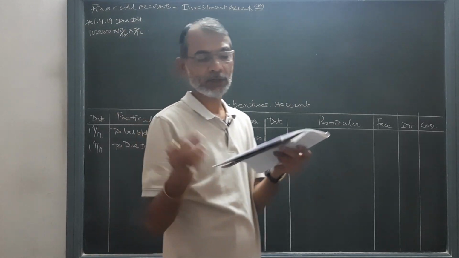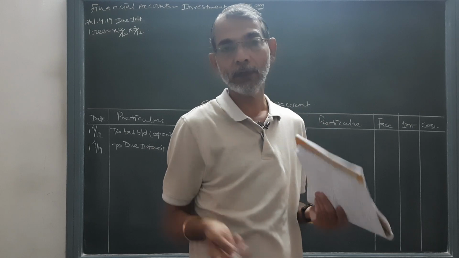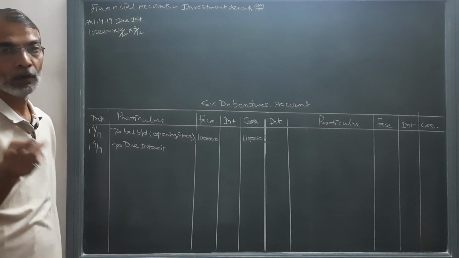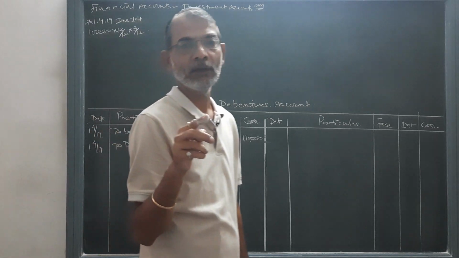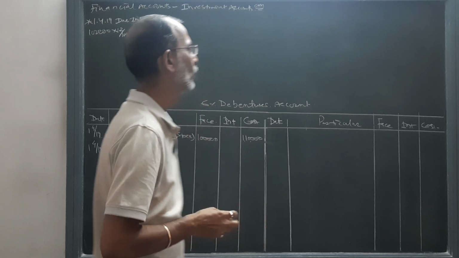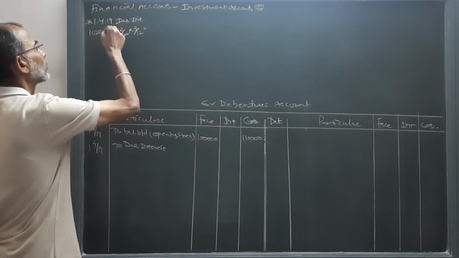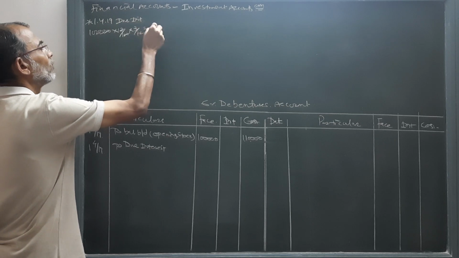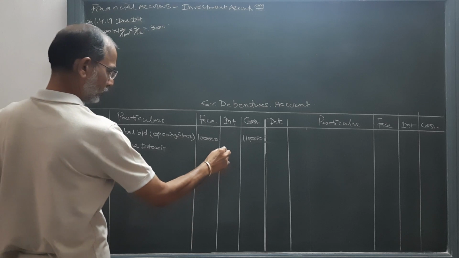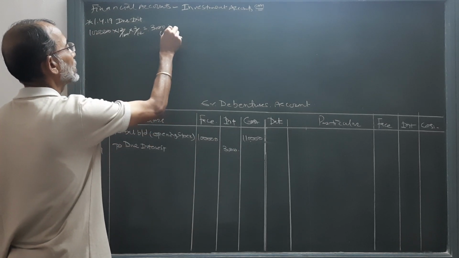Because interest dates are 30th June and 31st December, we are maintaining account from 1/4. It means interest of January, February, March is due. So interest for 3 months will be 3,000, which will be written on debit side.